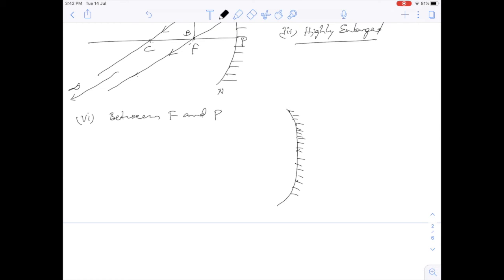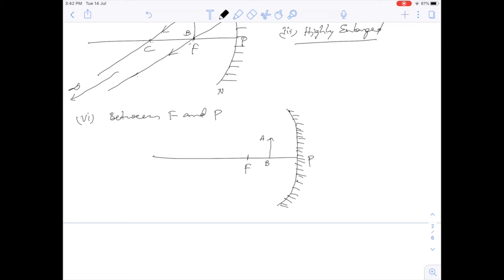Now when I place my object, this is P, and let us say this is F, so between F and P, I have my object here.